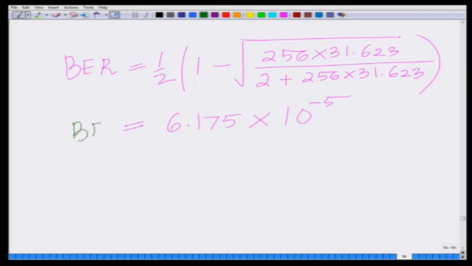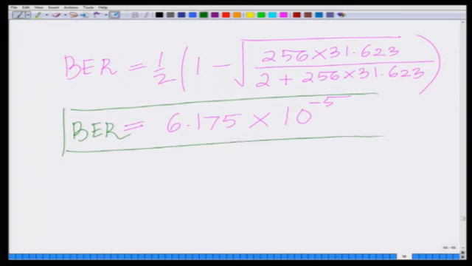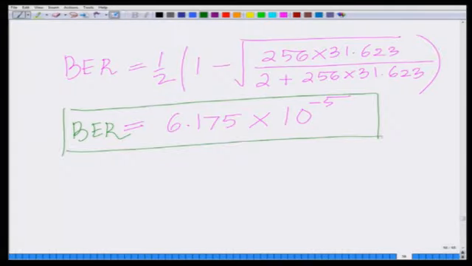Therefore, my bit error rate equals 6.175 into 10 to the power of minus 5. So, what we have done is we have calculated the bit error rate of the CDMA system with a spreading code length of n equal to 256 and SNR of 15 dB. We are saying that the bit error rate of this system is 6.175 into 10 to the power of minus 5.